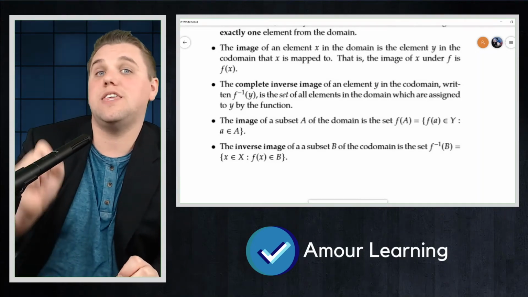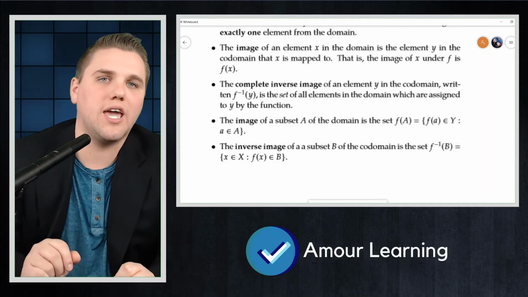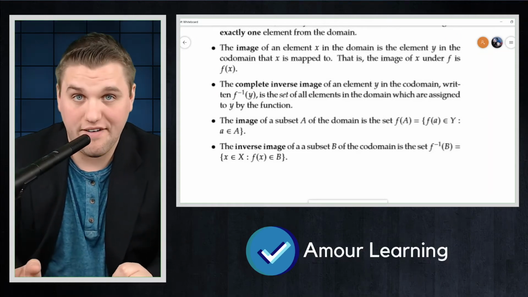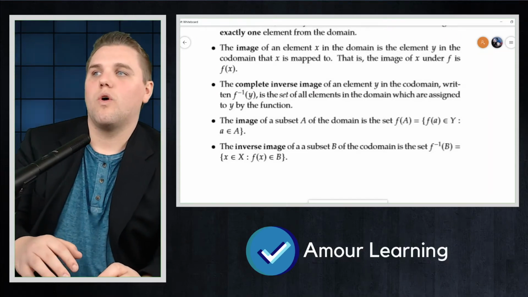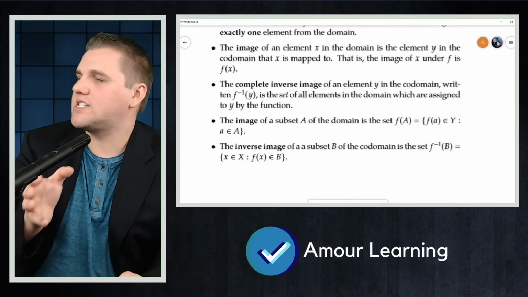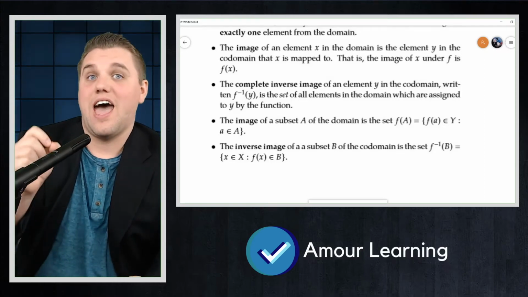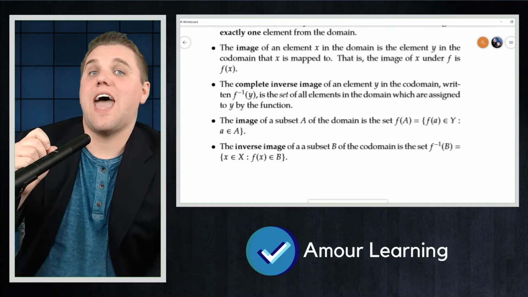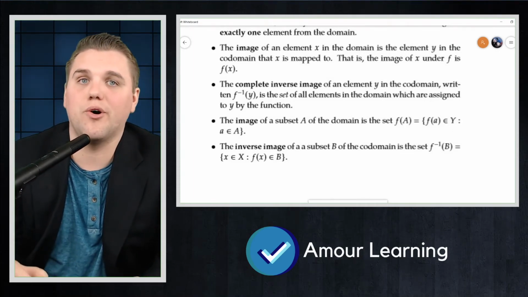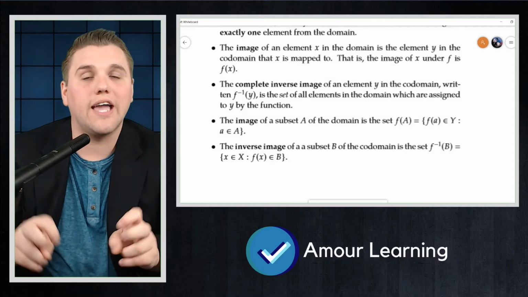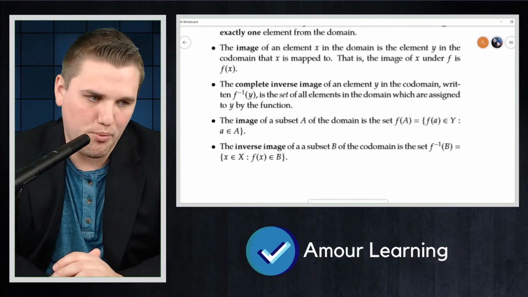It's specifically the output when you plug x into f. So if f(x) is not the function, what is the function? The function name is f. x is the input, and f(x) is the output. And sometimes we use y to represent that output.